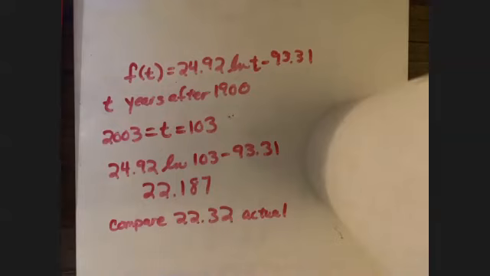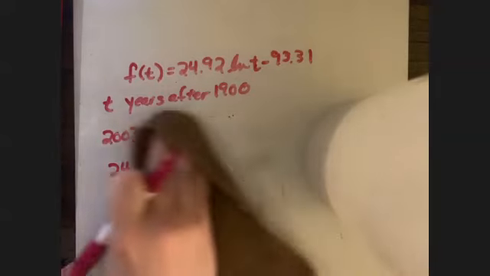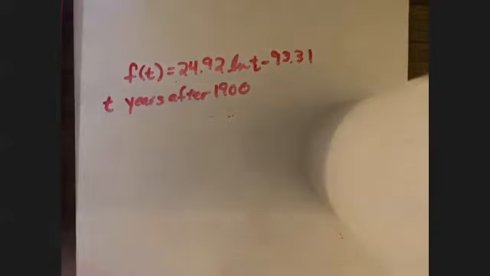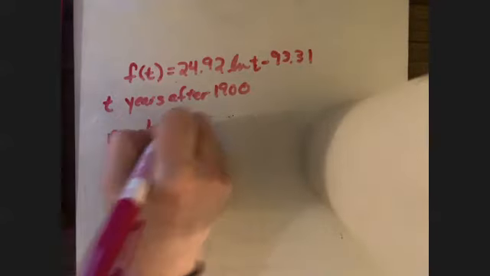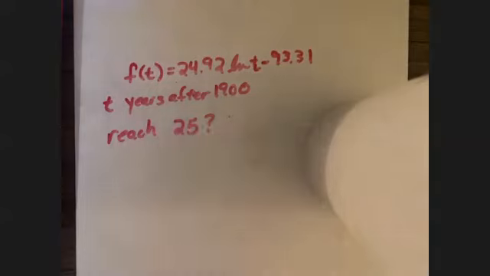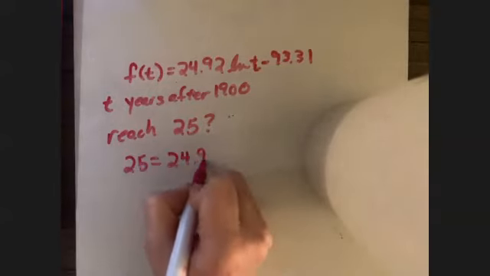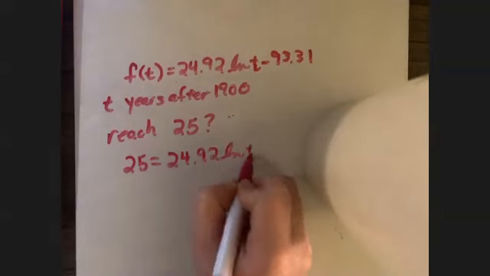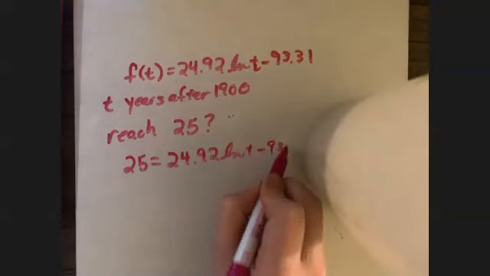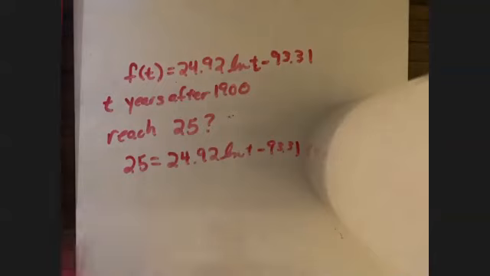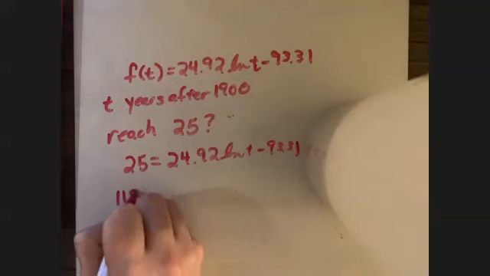Now, the next question that it asks is, when will it reach 25? For that, we're going to set 25 equal to this value. So I'm going to add the 93.31. We've got 118.31.